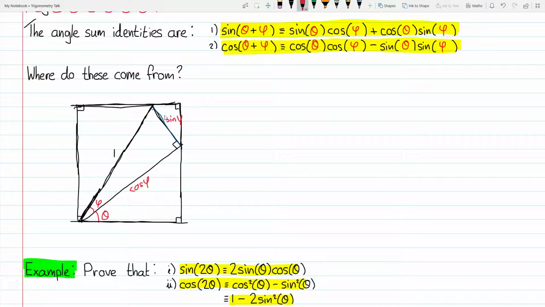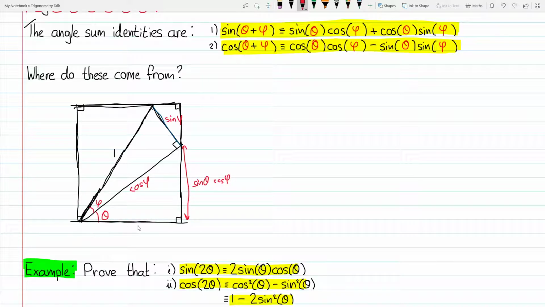In fact, normally this would be the hypotenuse times sine of phi, but our hypotenuse is 1, so this is just the sine of phi. Well, now we can look at this triangle. And so our hypotenuse is cosine, so this length here, this lovely important length, is going to be the sine of theta times the cosine of phi.